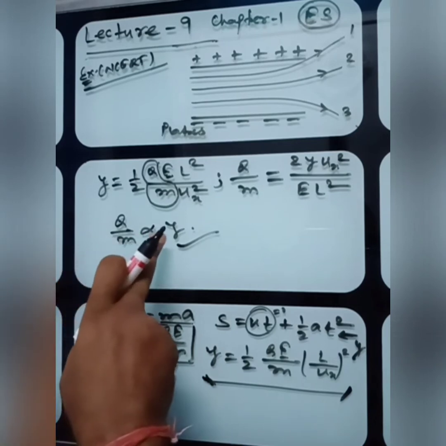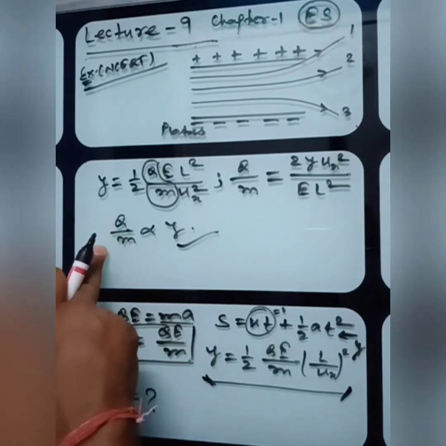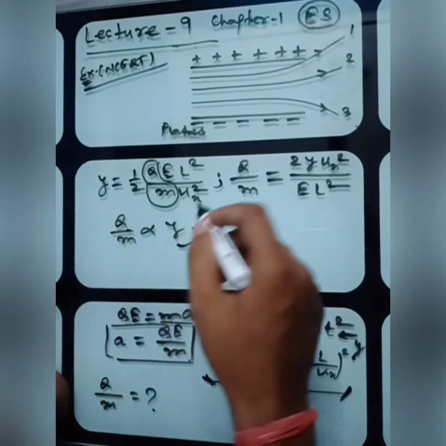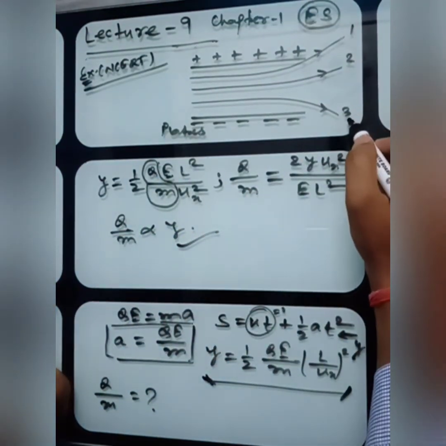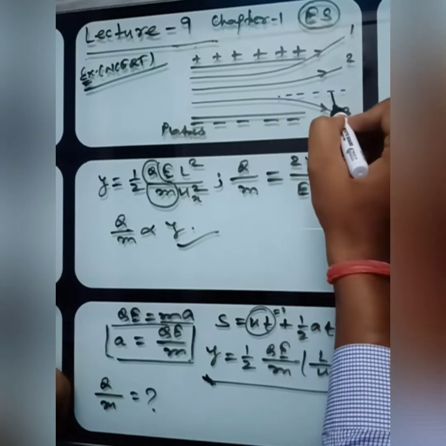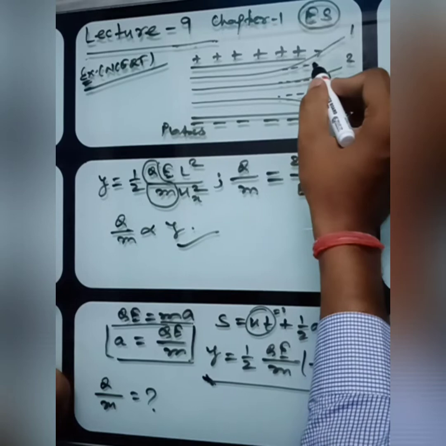The charge that deflects more will have the larger charge by mass ratio, and it is clear from the figure. You can see the third one has the greater deflection y, the first is much smaller, and this is the moderate one.